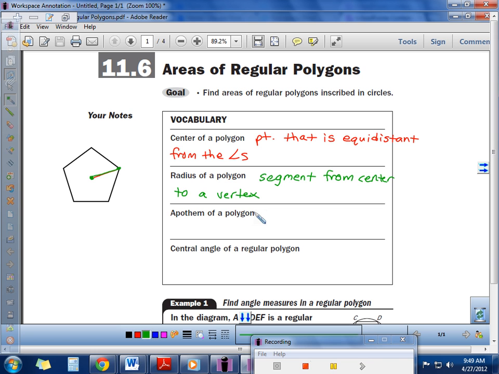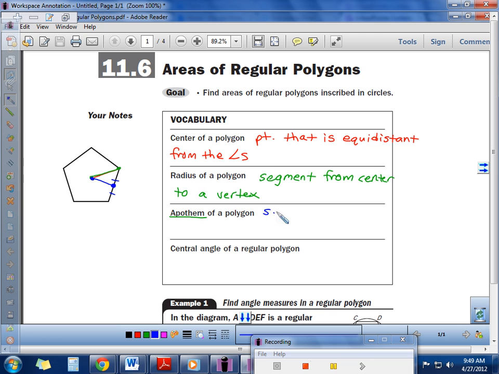New word. How do you say that? What do you say, Poe? Apothem. Not an opossum. Apothem is what it's called. All right, so here we go. It goes from the center to the midpoint of a side.